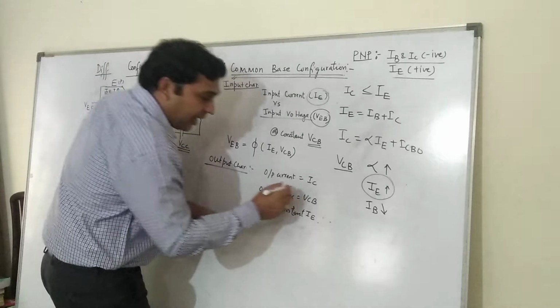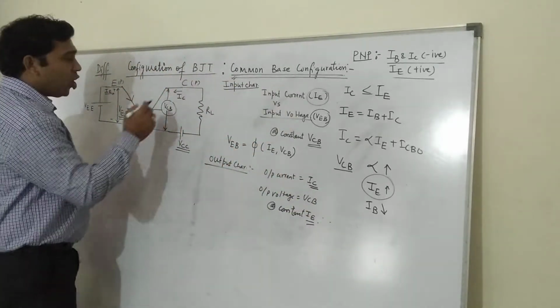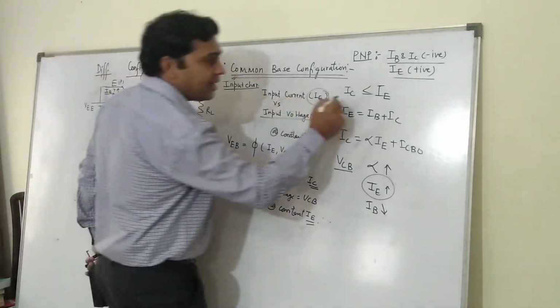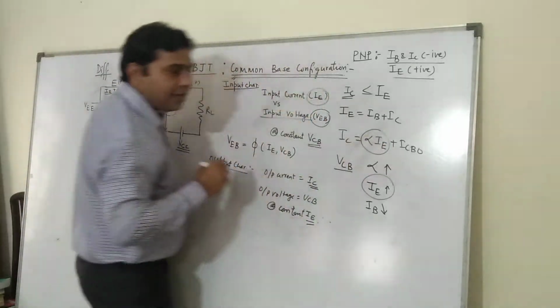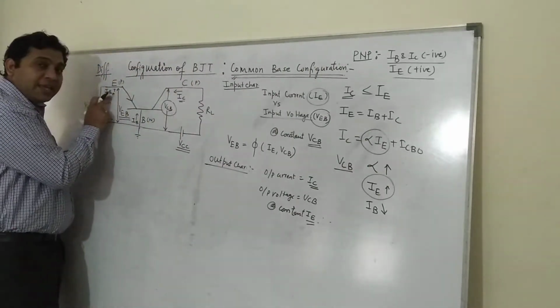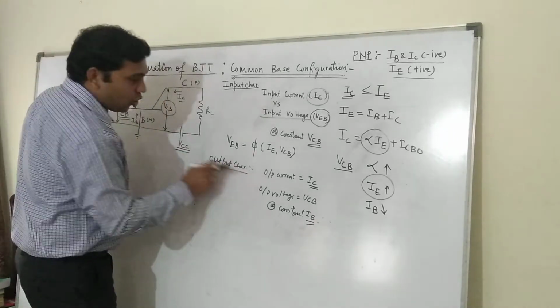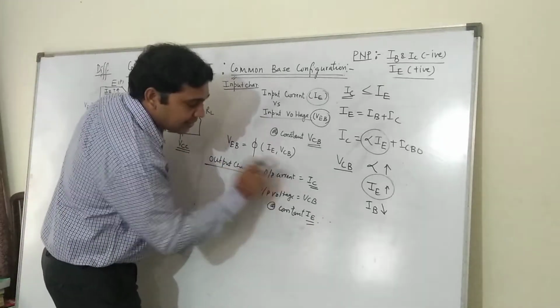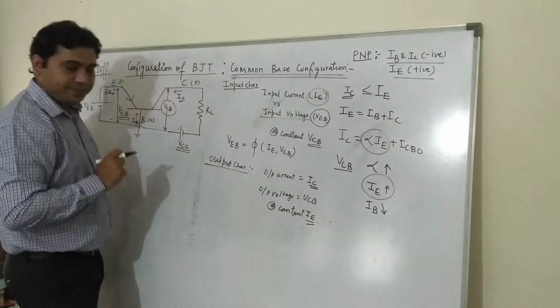Because IC can change if we change IE. We know that IC is dependent upon IE, alpha IE. So IC can change if I do not keep IE constant. So when drawing the output characteristics, the output current is IC and the output voltage is VCB at constant IE.